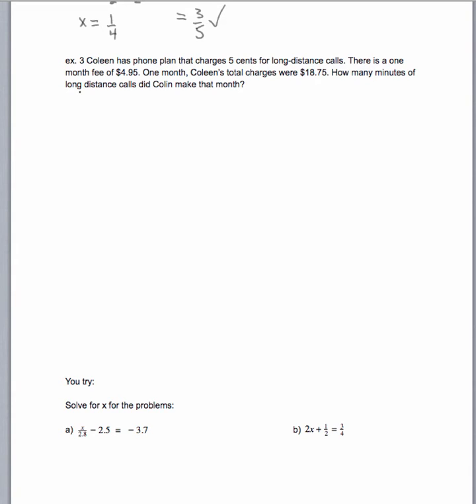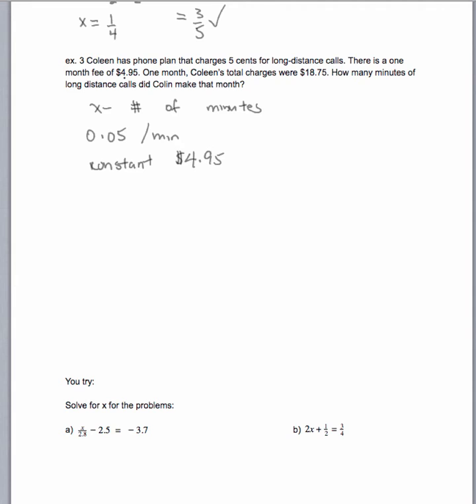So in this example here, we don't know the number of minutes. So we're going to say x is going to be the number of minutes. And then the other thing I would kind of make a note of is that it's $0.05 per minute. And then I also know that there's a constant of $4.95.